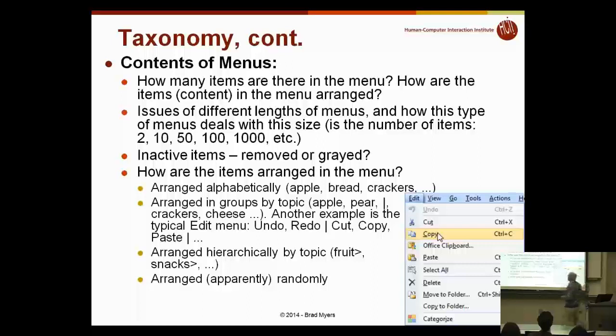Another choice is what happens to inactive menus, inactive items. Are they grayed out? Which we're pretty familiar with from the Macintosh. But if you remember from the Star, they just eliminated illegal items, right? So the Star design said you never had illegal items in the menus. So what's the advantage of graying out items instead of removing them?